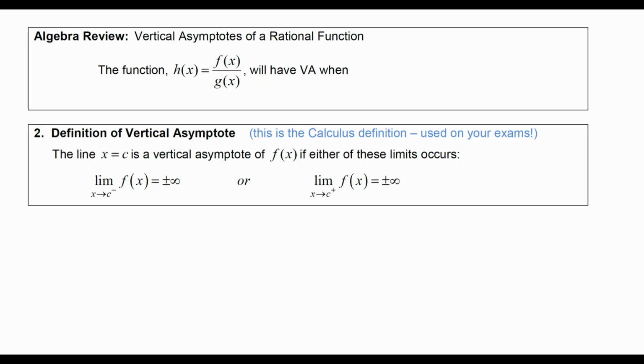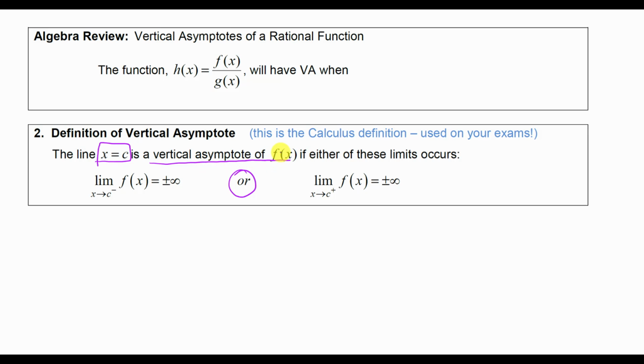Note that it says or. You don't have to find both the left limit and the right limit of f of x. If a one-sided limit is positive infinity or negative infinity, then you can conclude x equals c is a vertical asymptote of f of x.